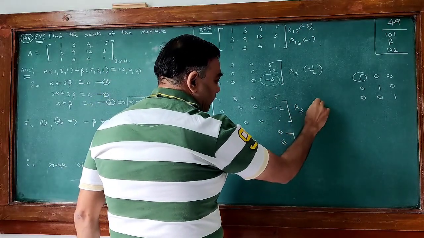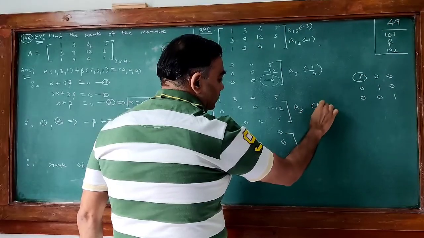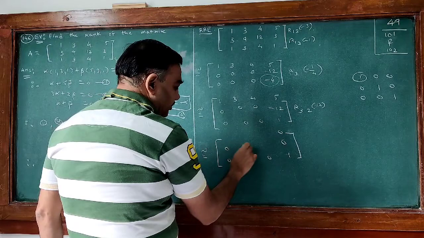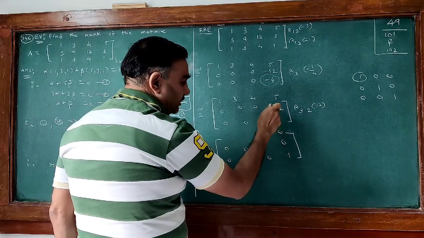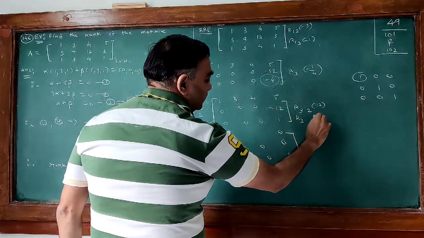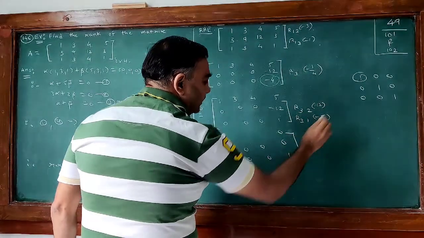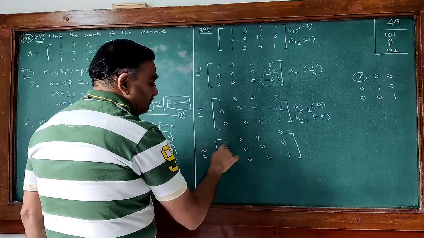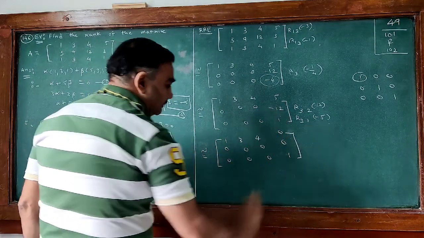We multiply third row by 12 and add into the second one. So it is 0 0 0 plus 12 minus 12, so it is 0. We multiply third row by -5 and add into the first one, and therefore it is 1 3 4 0.